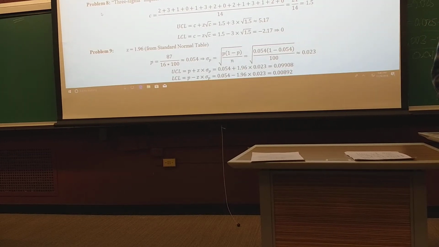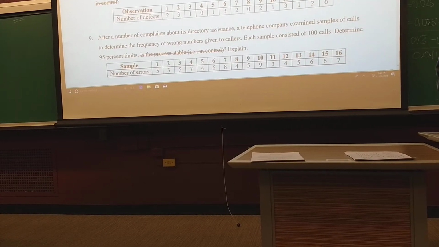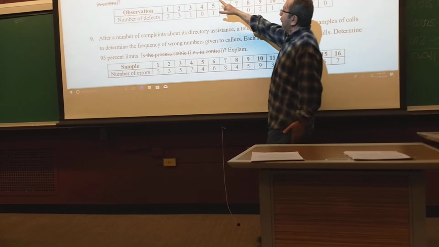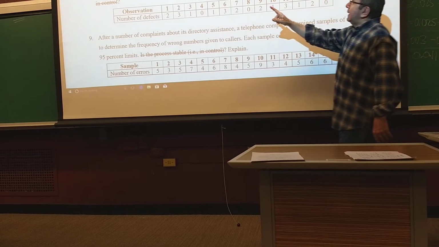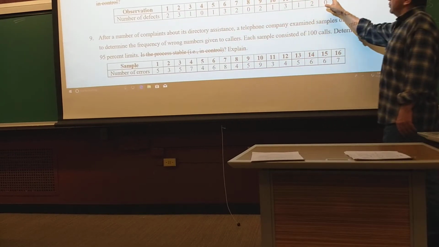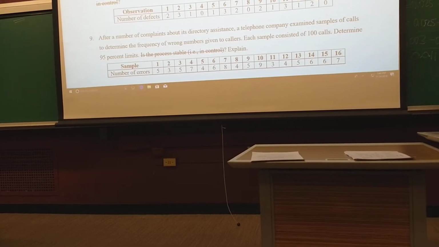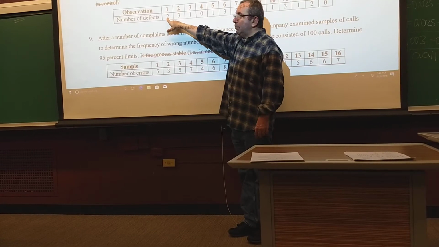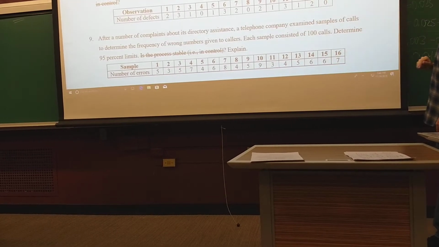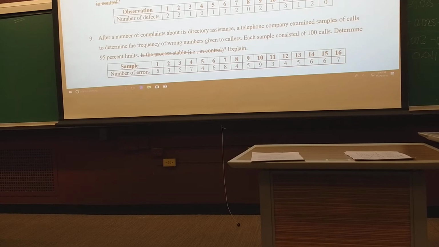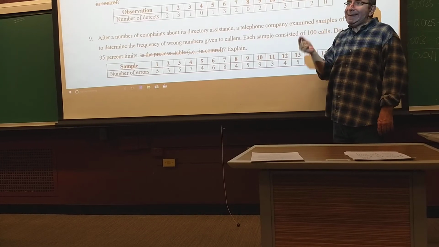And problem 8. Given the following data for the number of defects per spool of cable, we have again 14 spools. Each spool is a single product. The first spool has so many defects, the second spool has so many defects, etc. They give us 3 sigma limits, so Z equals 3.